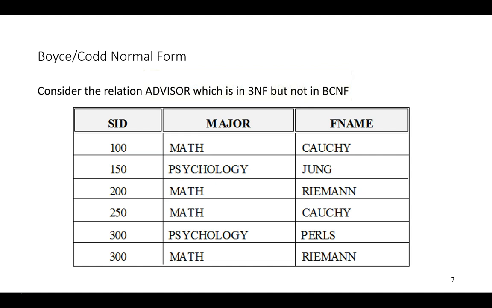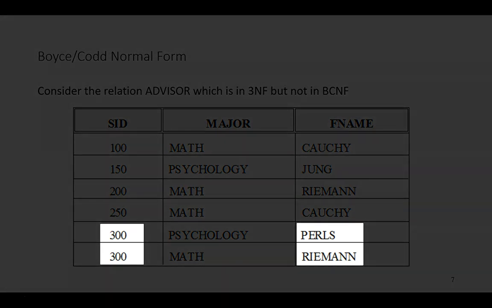Now, a major can have several faculty advisors. A faculty advisor is identified by F name. So here what we see is students could also have several advisors. Notice that in the case of student 300, once again, student 300 is advised by two different faculty members.